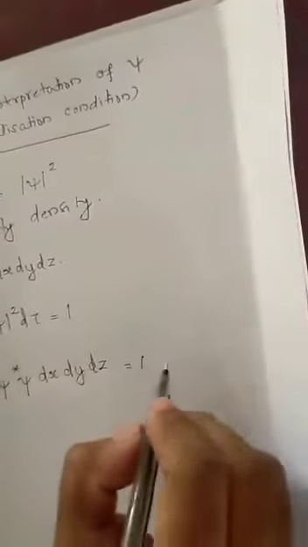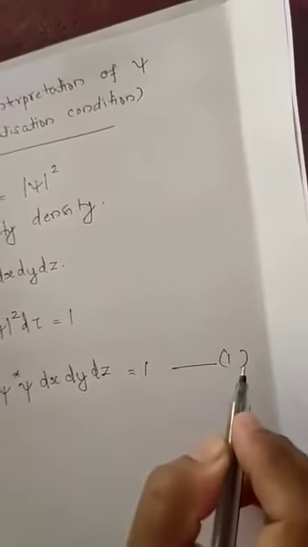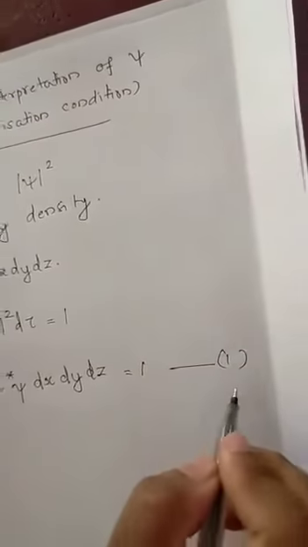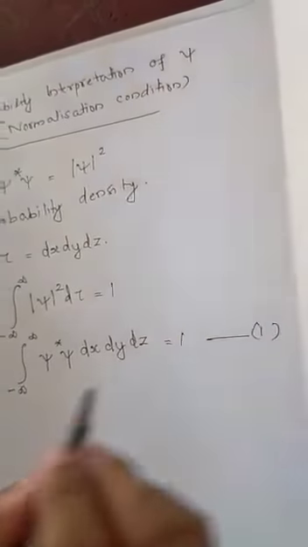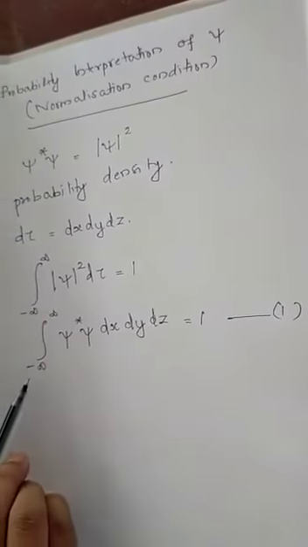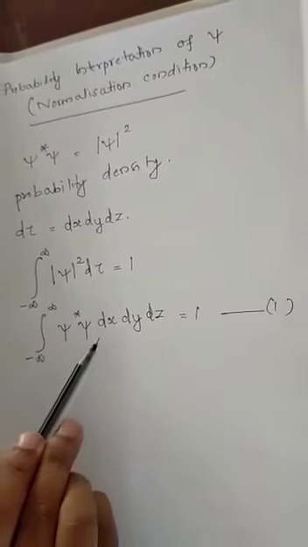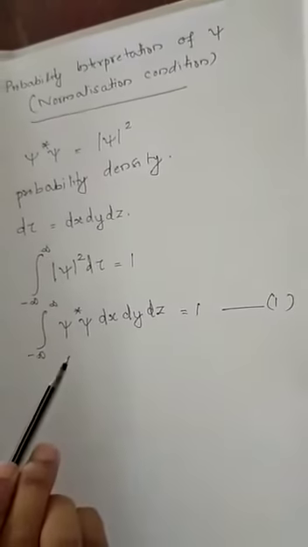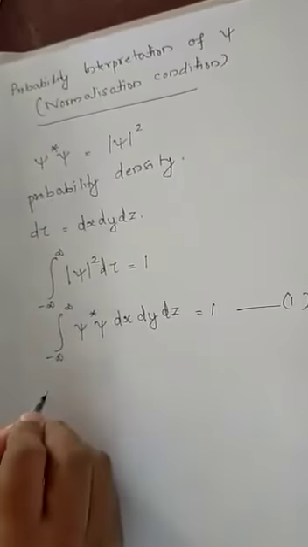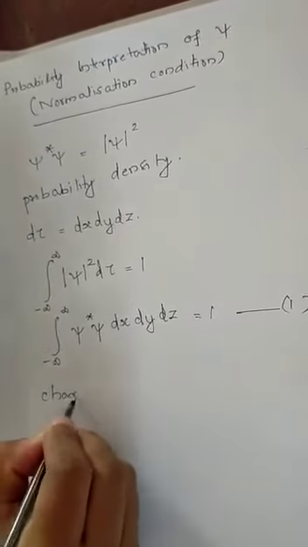This equation is called the normalized wave function, and the normalization condition is the integral from minus infinity to plus infinity of psi star psi dx dy dz equal to 1.